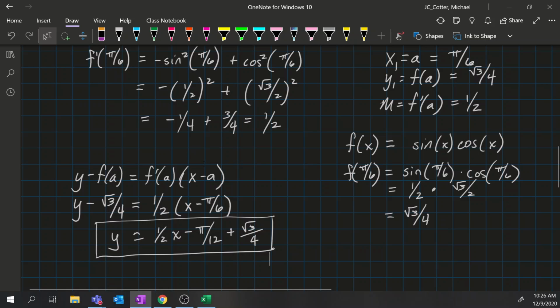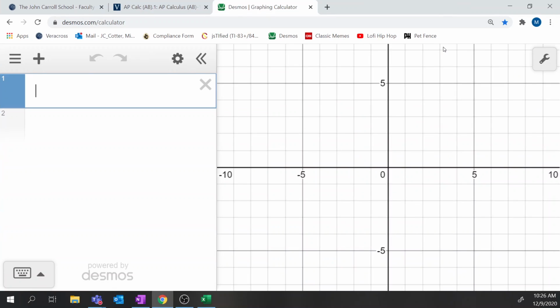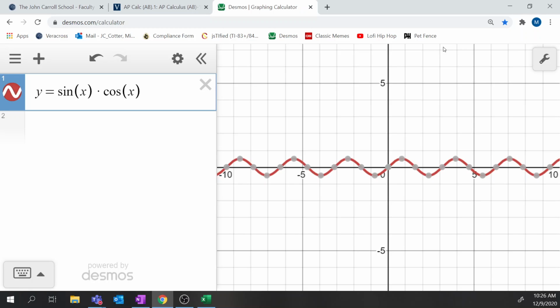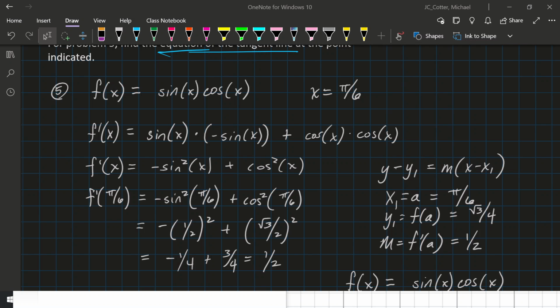And again, what you can do to check is we're going to just graph f of x equals sine x cosine x. So let me just do that here for you. Okay, so there's y equals sine x cosine x, and I already forgot the equation, so let's pull that up.